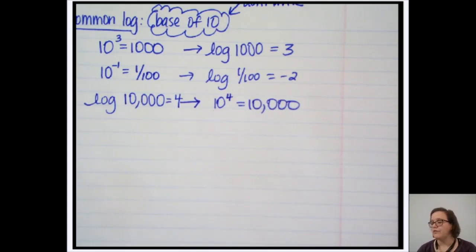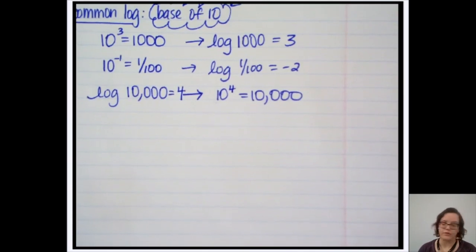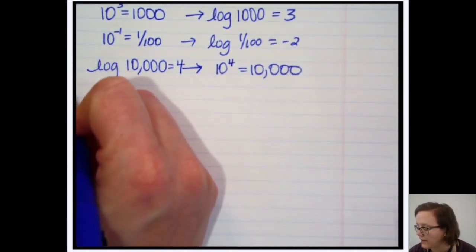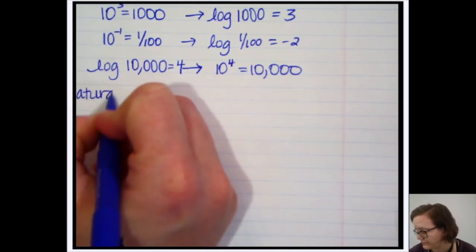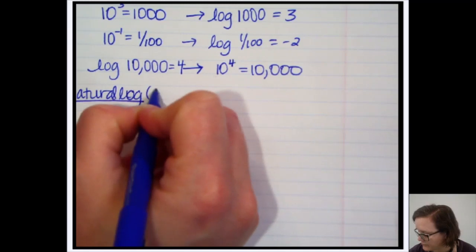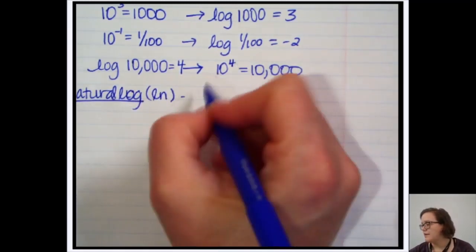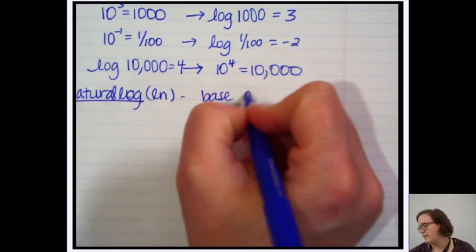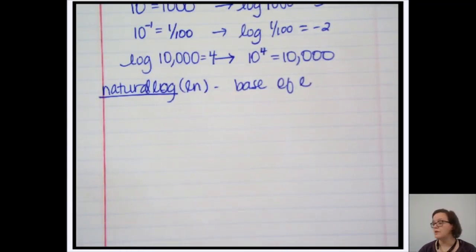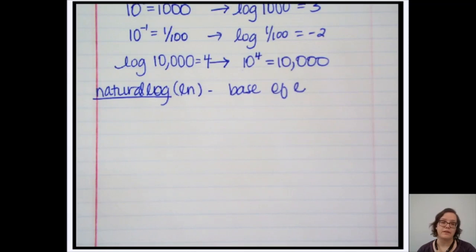Okay, so if you look right below the log, we have ln, and that's the natural log. The natural log is a base of e. You remember that letter e that we talked about, that 2.72? It's associated with the natural log.